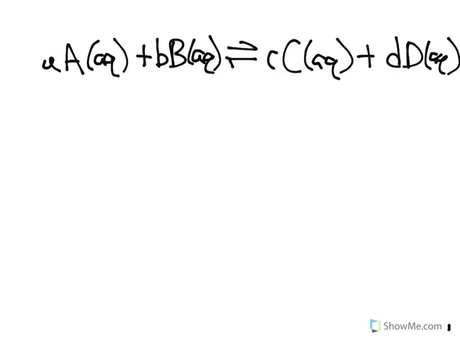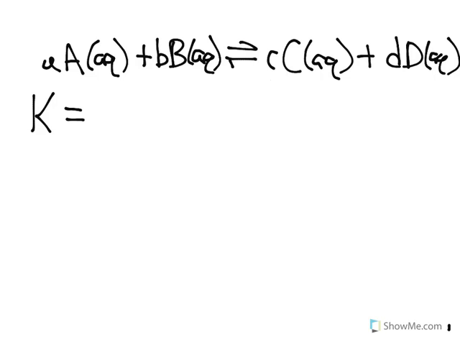The states matter here, and we'll see why in a moment, but I want to show you where this idea of Q or K come from. It doesn't matter which one we're talking about in this context, they're exactly the same. So I'm just going to stick with K for a second. This comes from the rate laws of the forward reaction combined with the rate laws of the reverse reaction. And if you remember, as long as there's only one step, the coefficients become the powers of that rate law.